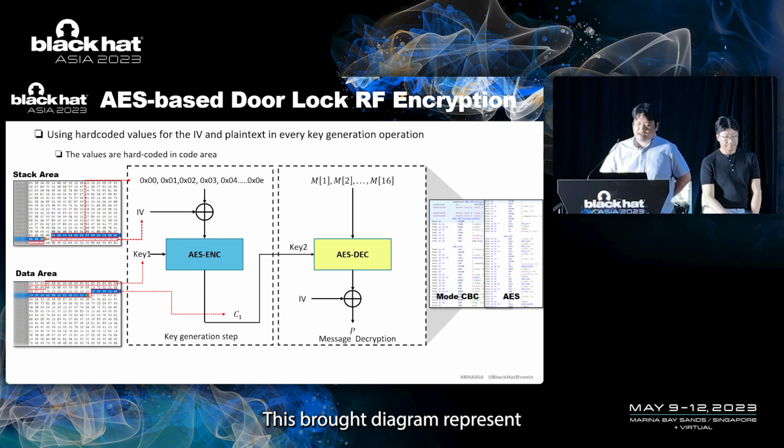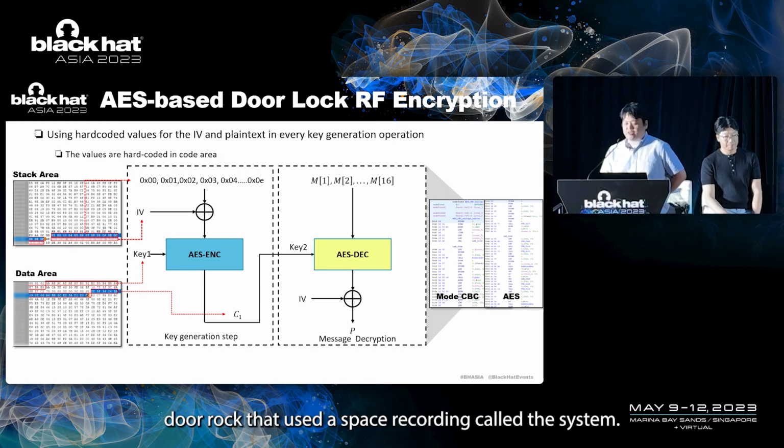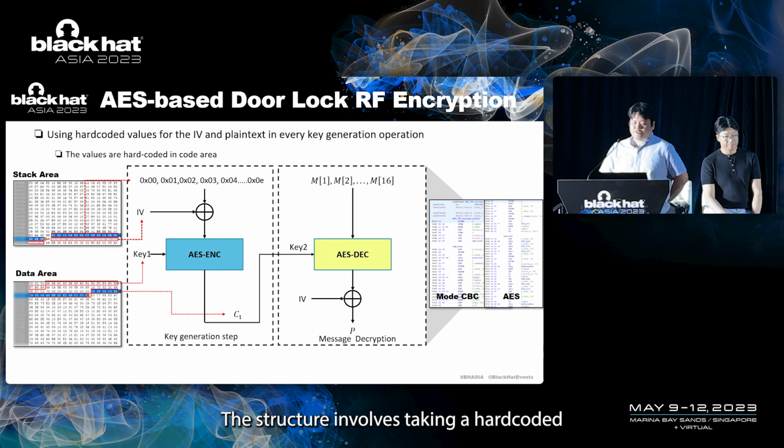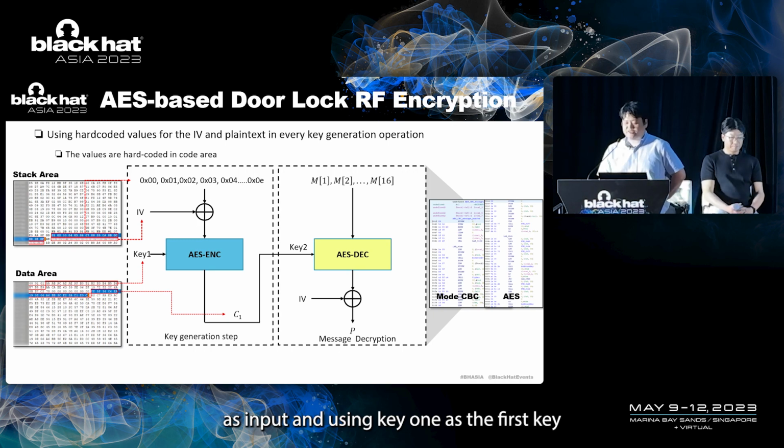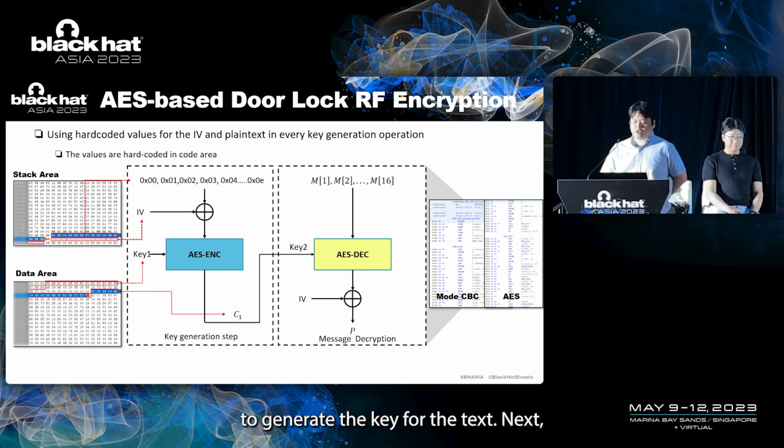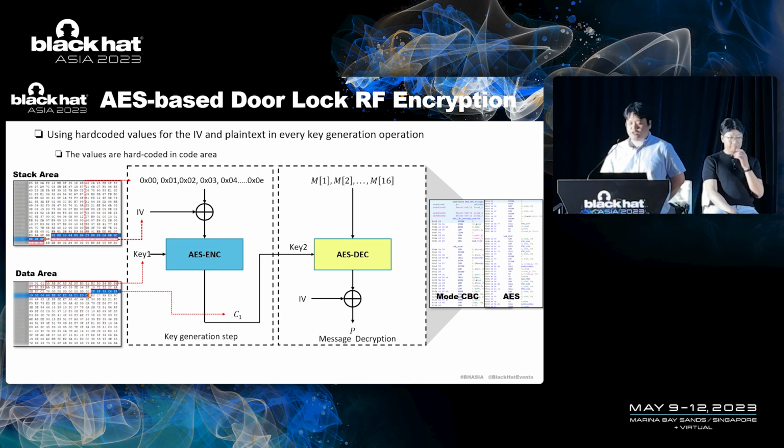This block diagram represents the reconstructed formal code of the decryption scheme for encrypted packets received by doorlocks. It has been observed that all currently available doorlocks use an AES-based rolling code system. The structure involves taking a hard-coded initial vector and plain text as input and using key 1 as the first block key to generate the key for the next encryption block.